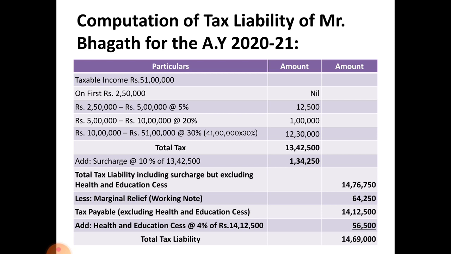Next on balance, that is from 10 lakhs to 51 lakhs. Here 51 lakhs minus 10 lakhs which is already taxed, on that 41 lakhs at 30%, that amounts to rupees 12 lakhs 30,000 rupees. So, his total tax payable amounts to rupees 13 lakhs 42,500.